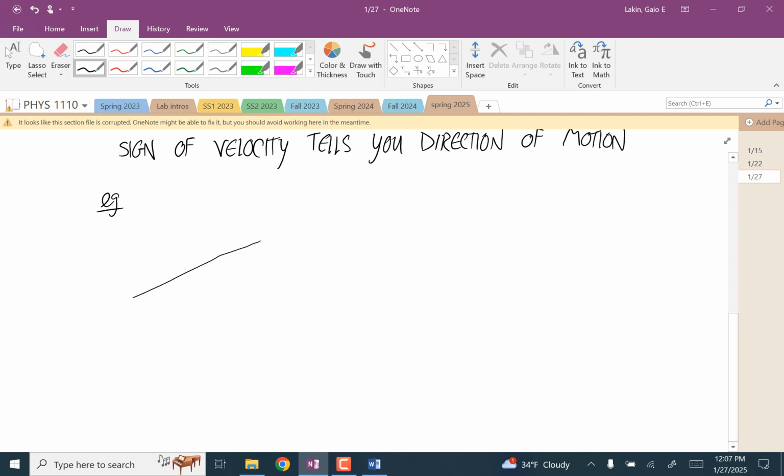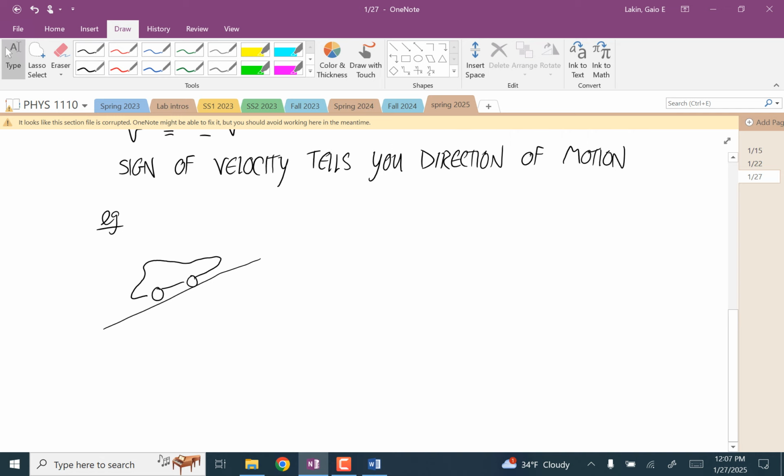So if you have, let's say a car is moving on an incline, and let's say it's going this way at 30 meters per second, and let's say we've defined our positive direction to be this way, and our negative to be this way.